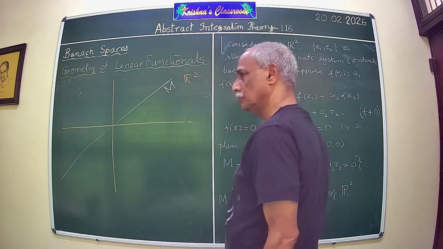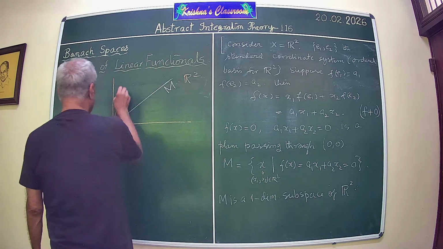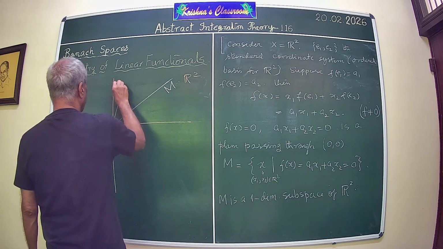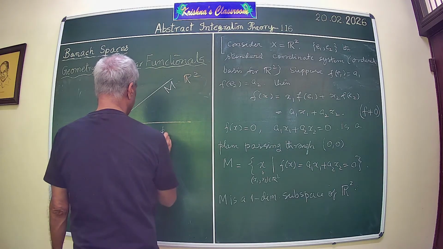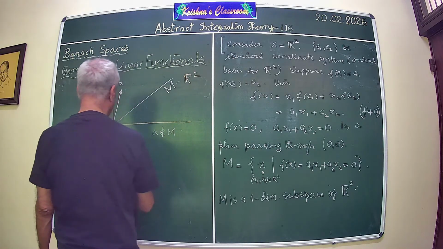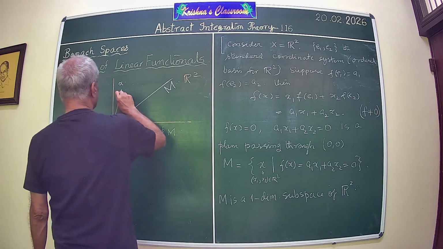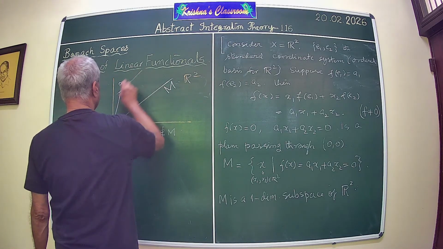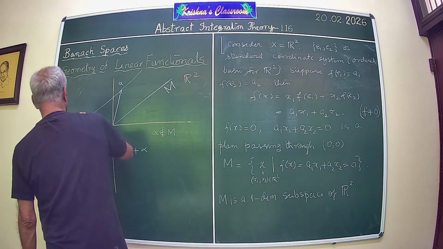This is M. And now suppose you choose an alpha. Alpha does not belong to M. Then M plus alpha, easily we know from vector analysis, this is M plus alpha.